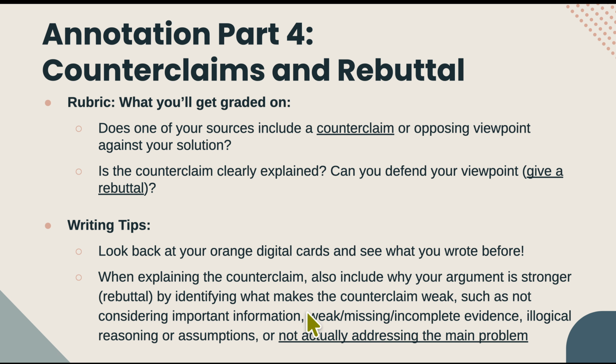Maybe you can point out if the counterclaim is a weak point, or they're missing some important context. Maybe there are some assumptions being made, or it's not really focused on your main problem. Anything that shows, yeah, I found a counterclaim, but it's really not that big of an opponent to what I'm actually saying.